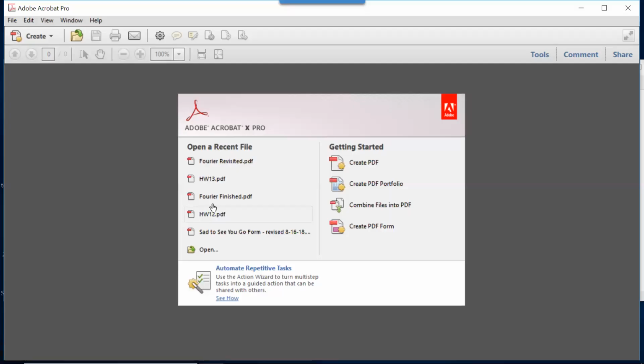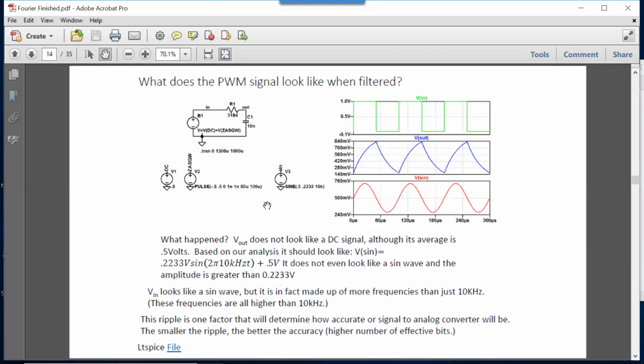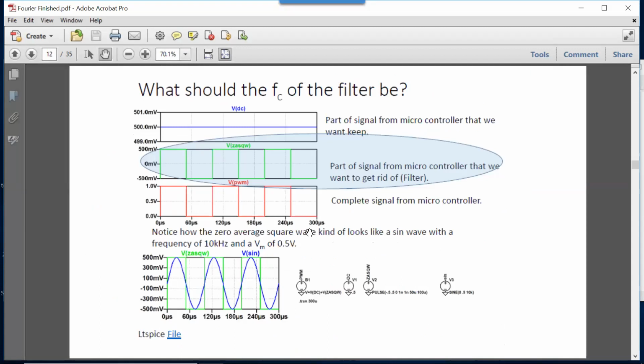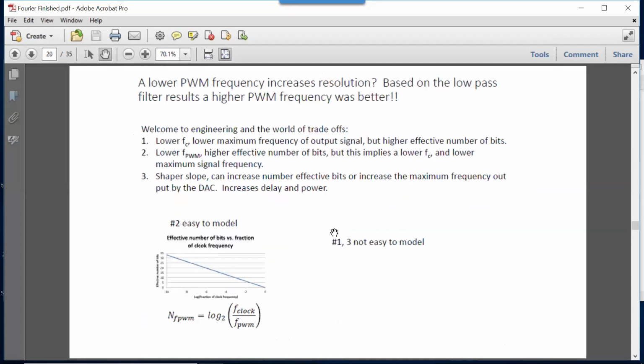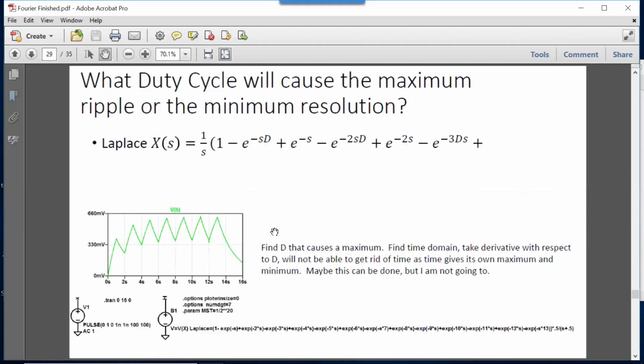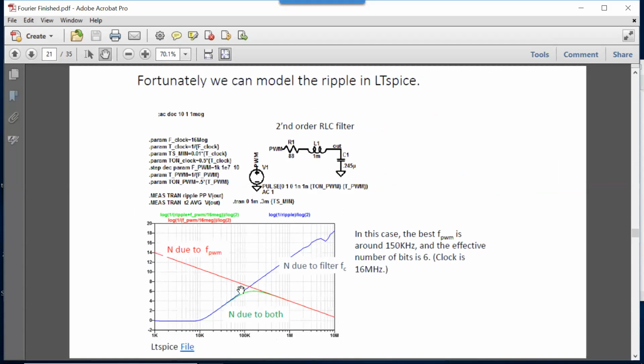Today isn't about showing you how to run that file, but basically you come up with a filter and you just keep changing the pulse width frequency and measure the ripple. Then you calculate what happened, and you get a plot like this. You don't know what you're going to get ahead of time.